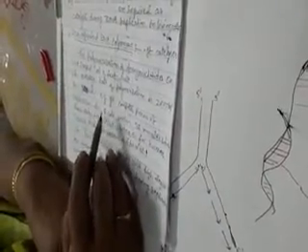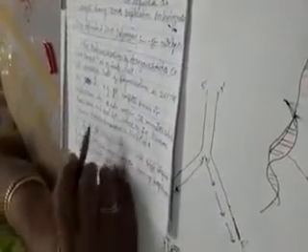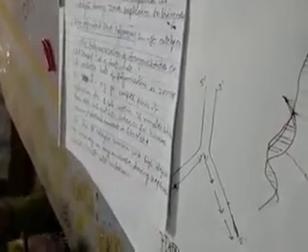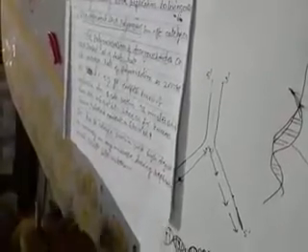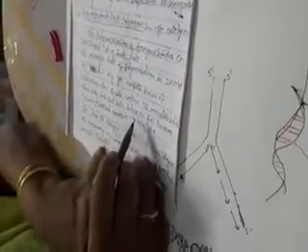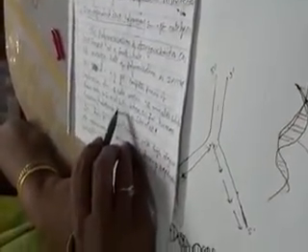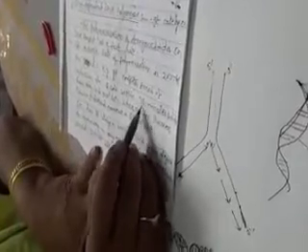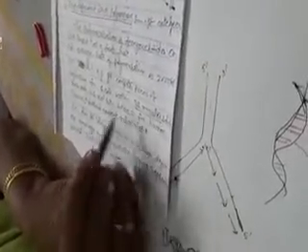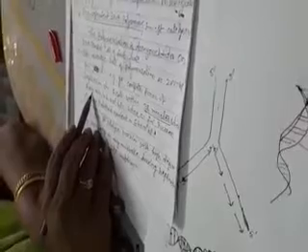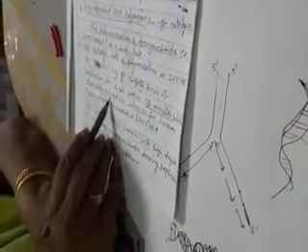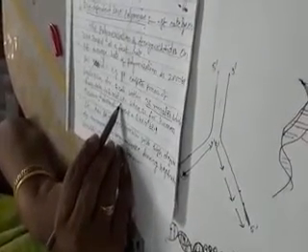Its average rate of polymerization is 2000 base pairs per second. For example, it completes the process of replication for E. coli within 38 minutes, which has only 4.6 into 10 to the power 6 base pairs.